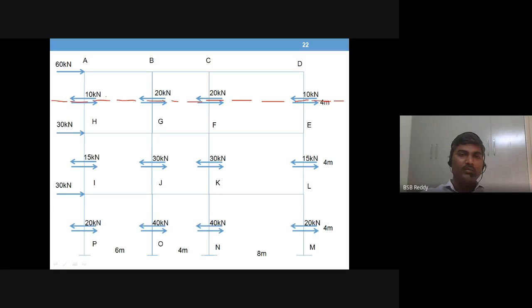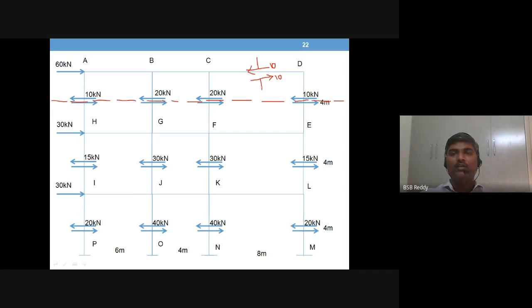So what happens in the below portion? You have separated the column in the middle. So you have got a shear force towards left of some value, say 10. For equilibrium, you should have the bottom portion 10 like this.